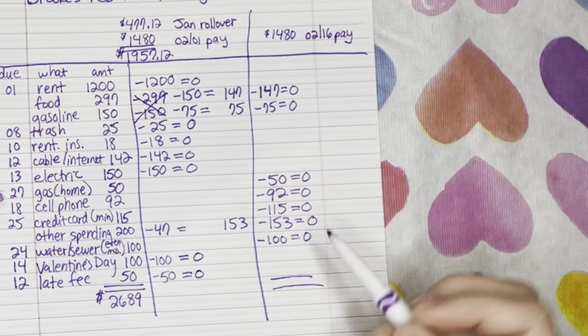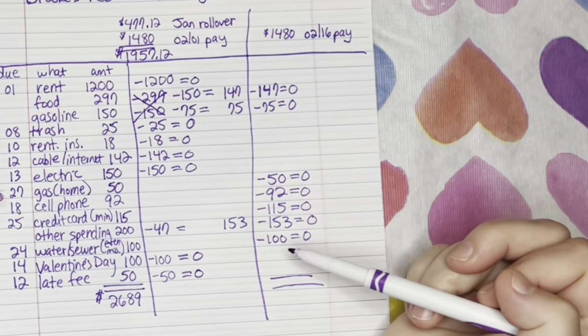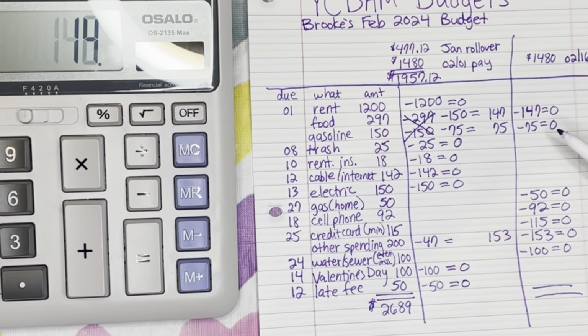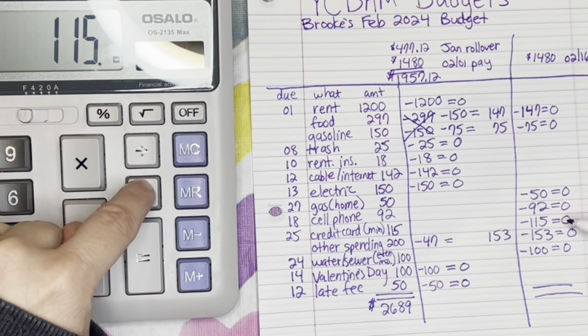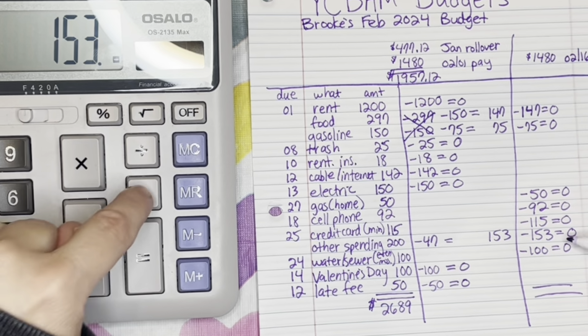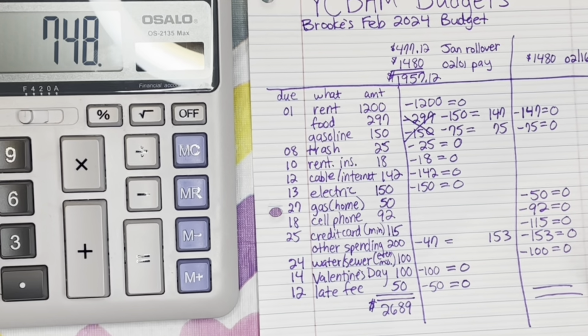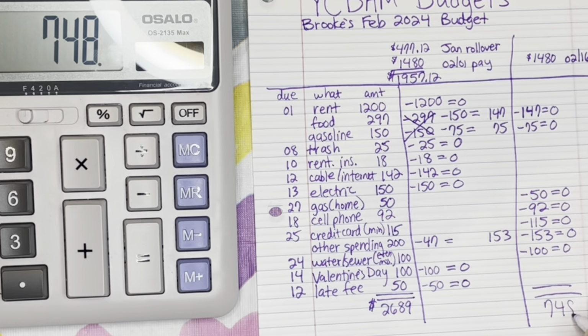And let's see if she has enough money in this paycheck to cover all of that. 1480 minus 147 minus 75 minus 50 minus 92 minus 115 minus 153 minus 100. And that would be $748 remaining.